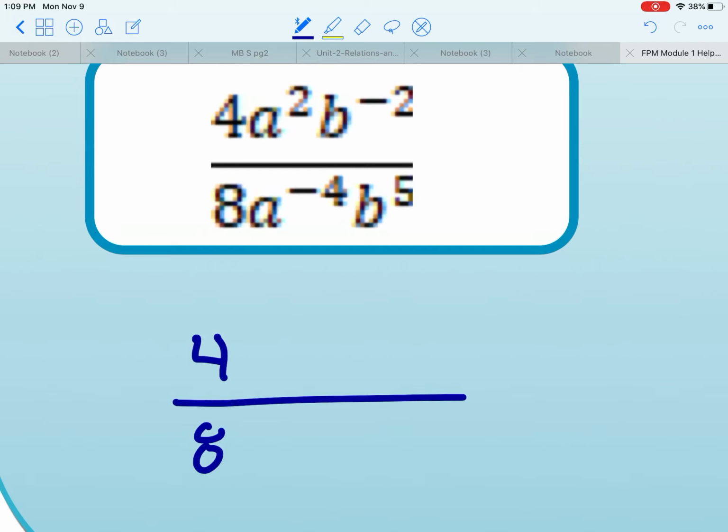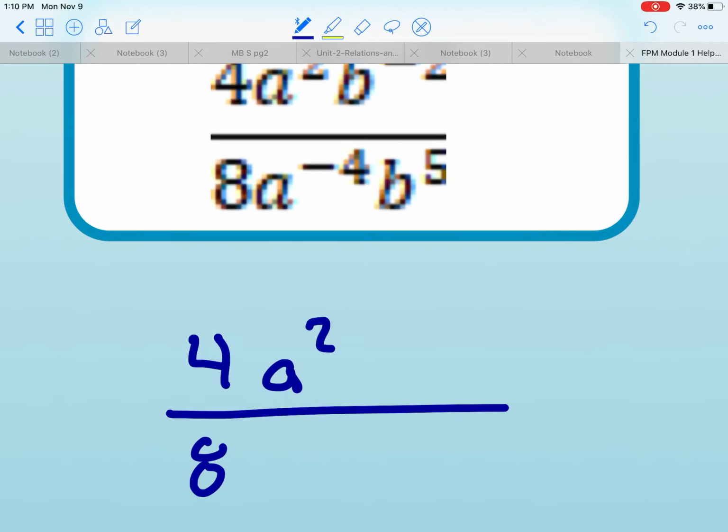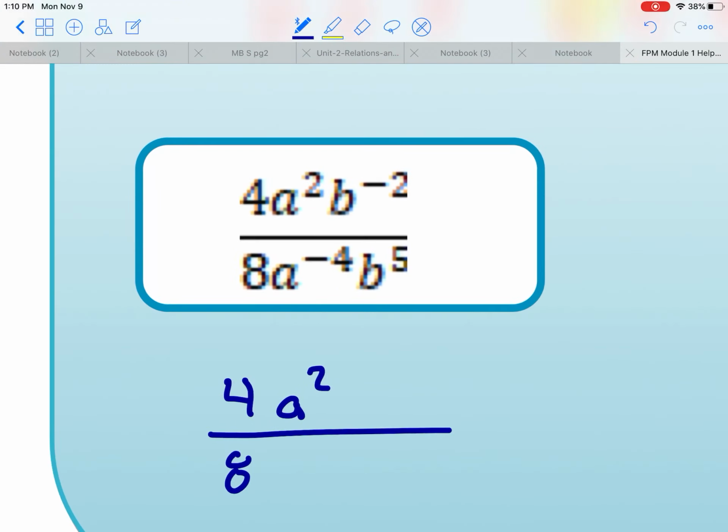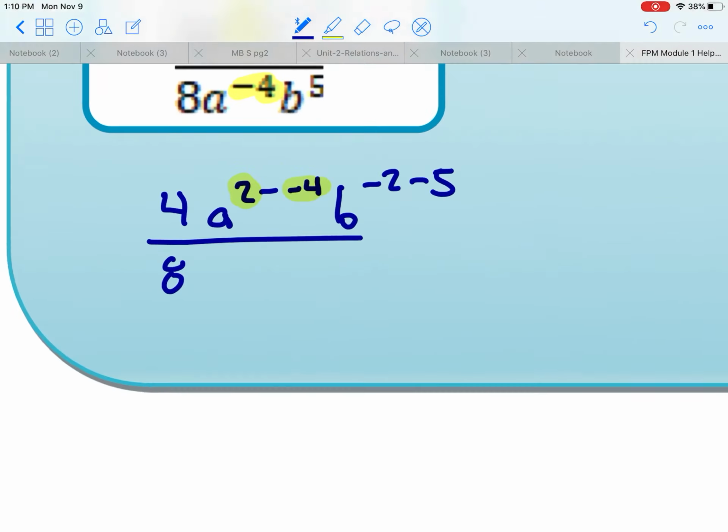Now here is why you need to show your work. If I write a to the 2, I'm taking the 2 and I'm subtracting it from negative 4. So 2 subtracting negative 4. Oh, it's a little bit more complicated now with negative numbers. So I have to show my work. B to the negative 2, subtract 5.